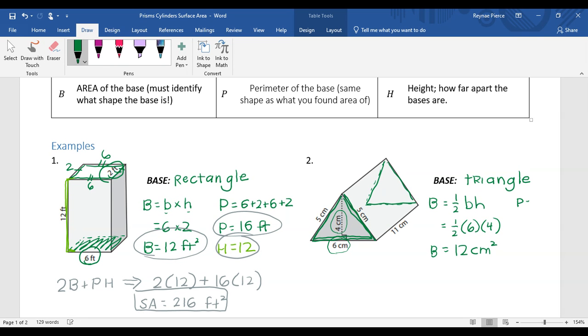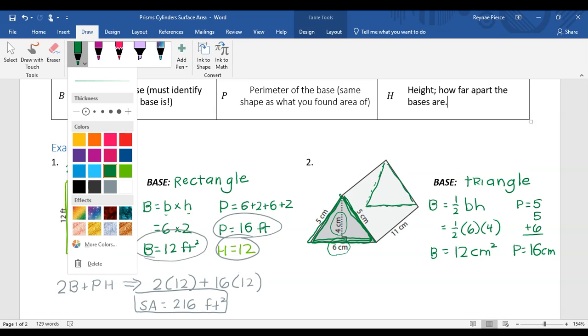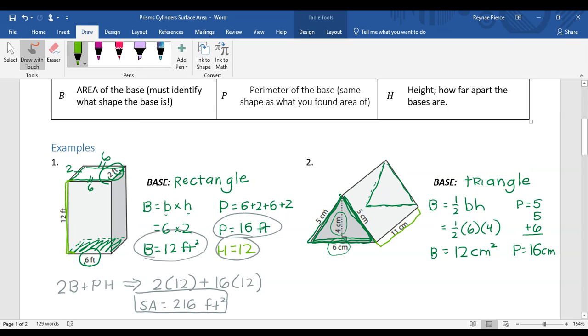To find my perimeter, now I'm going to add the sides of the triangle, okay? So we've got 5 and 5 and 6. That tells me my perimeter is, wow, 16 again. How ironic. Okay. Capital H is the height, but remember the height is how far apart those bases are. So from the front triangle to the back triangle, we have 11 centimeters.